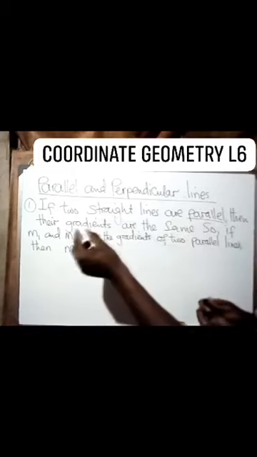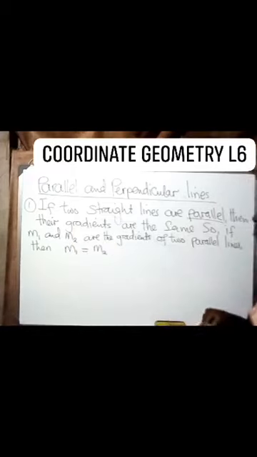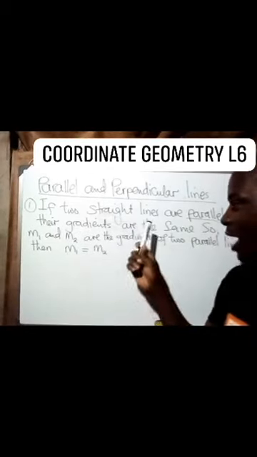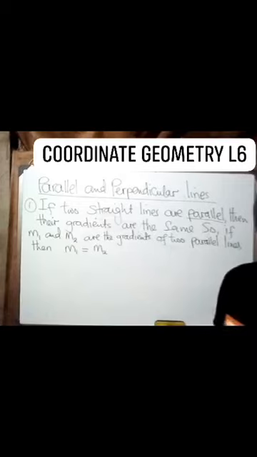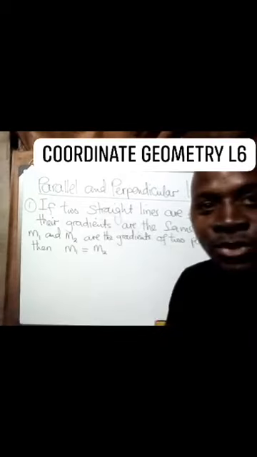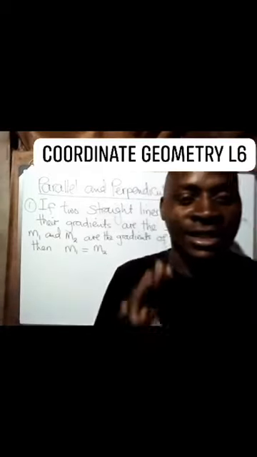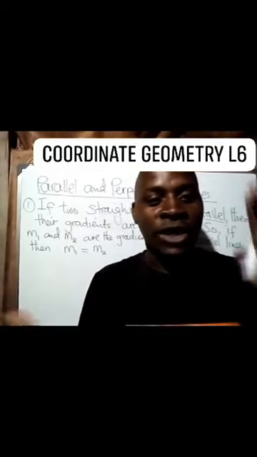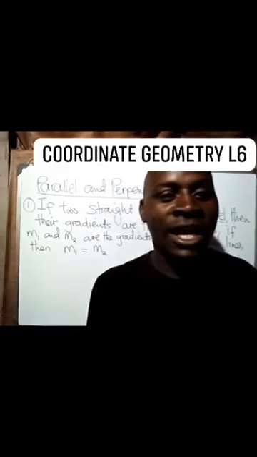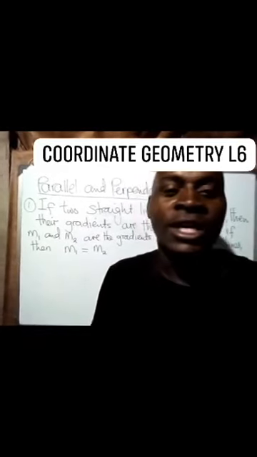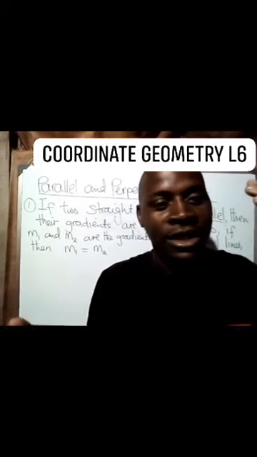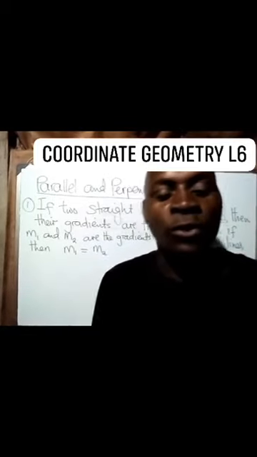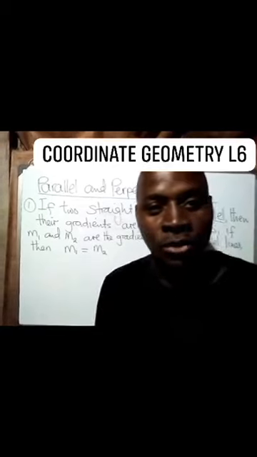So we are told that if two straight lines are parallel, then their gradients are the same. The gradient of two lines which are parallel to each other is the same. So if the gradient of the first line is -2, it means that it will also be -2 for the gradient of line number 2.